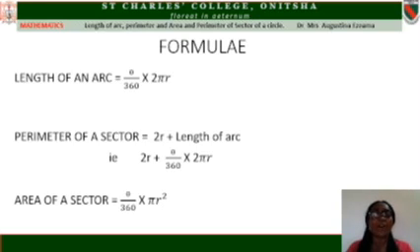So the length of an arc of a circle is theta over 360 times 2 pi r. And remember that the circumference of a circle, what's the formula? 2 pi r.